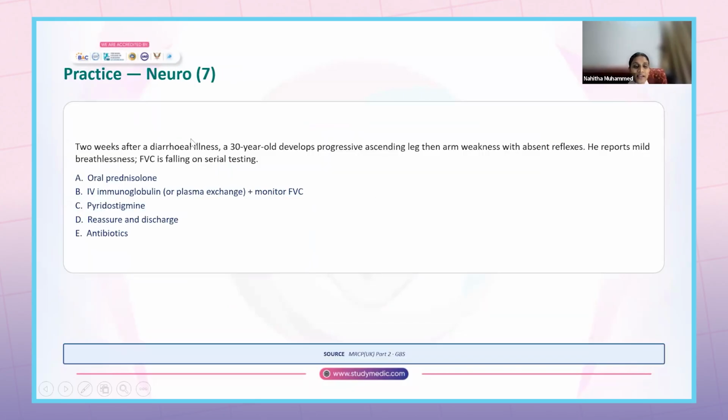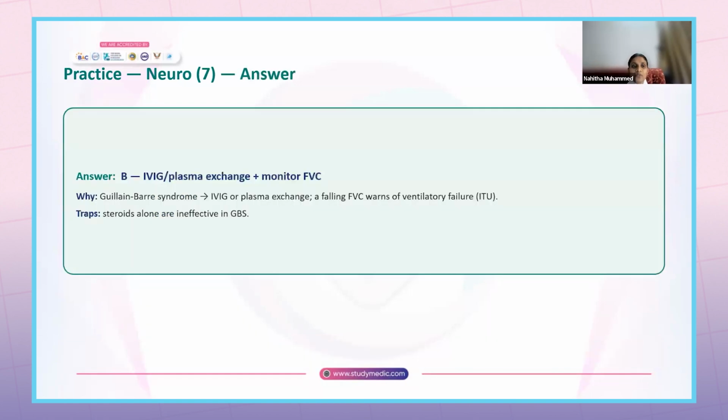Two weeks after a diarrheal illness, a 30-year-old develops progressive ascending leg weakness, then arm weakness, with areflexia. FVC is falling. What is the treatment? Immunotherapy, that is IVIG or plasma exchange, plus monitor FVC. Option B. Here it is Guillain-Barré, ascending type of weakness.